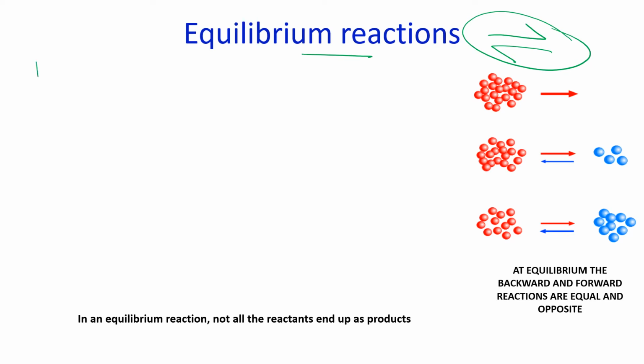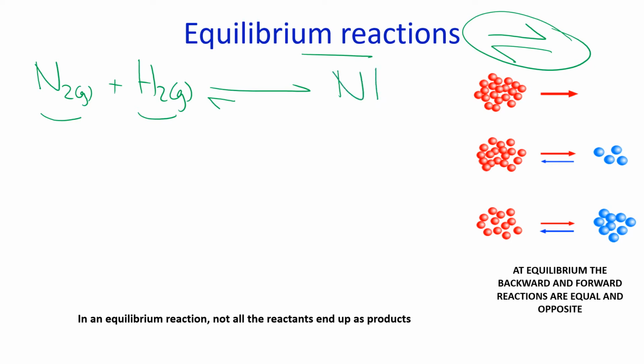If we have nitrogen gas plus hydrogen gas, it should make ammonia. This is the Haber process, but ammonia will not be formed directly. When nitrogen and hydrogen react, initially in the beginning of the reaction we have no products, but after hydrogen and nitrogen react, we start observing that ammonia is formed.